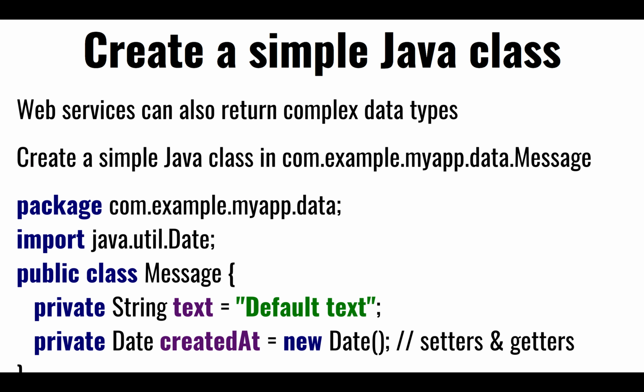Finally, we can pass complex data types, instead of just passing these primitive data types of strings, integers, doubles. Obviously, those you can pass around, but you can also pass complex data types. So here's a simple message class that is a compound, complex data type that has one text, one string, and one date.